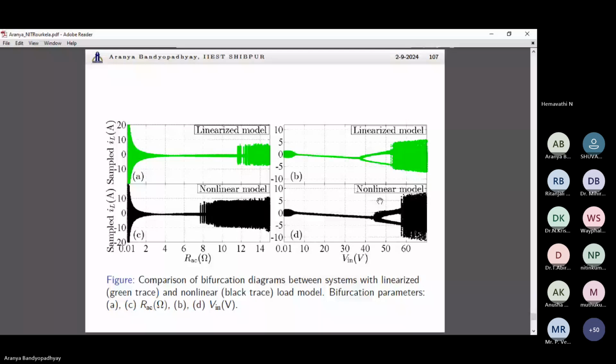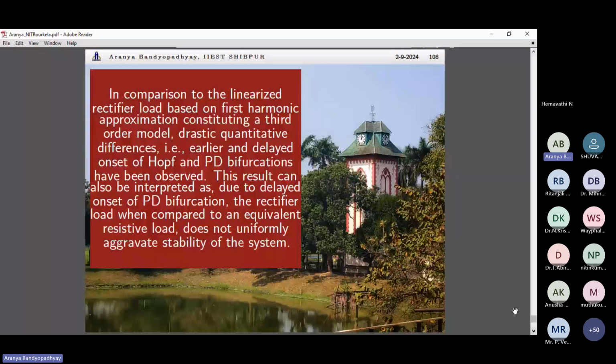So let us conclude, in comparison to the linearized rectifier load based on first harmonic approximation constituting a third order model. Why do we basically tend to linearize it? By linearizing it, we tend to disregard the rectifier side capacitor and make it a third order system, right?